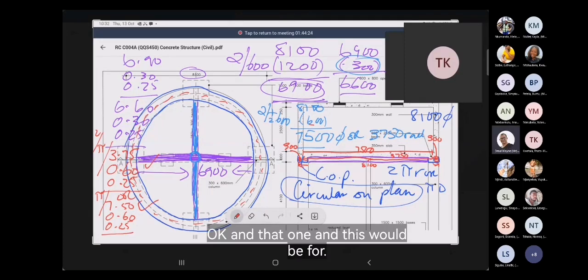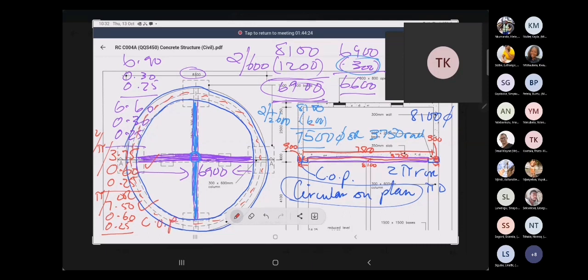Okay? And this would be for a circular on plane. Can you see that these two are the same? Right? Are there questions? Or is it information overload? You with me?